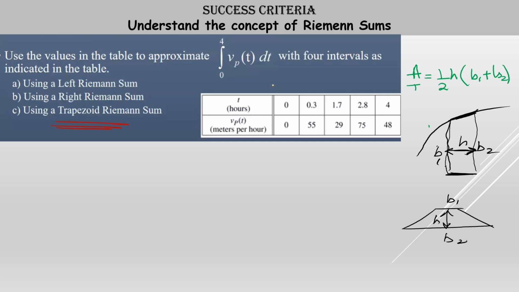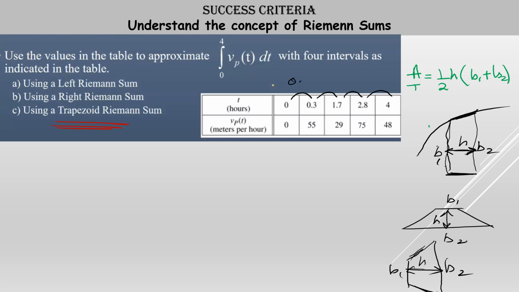And if we see the same scenario in this kind of trapezoid, this is the height, this is base 1 and this one is base 2. So what will happen? The height is actually the width.